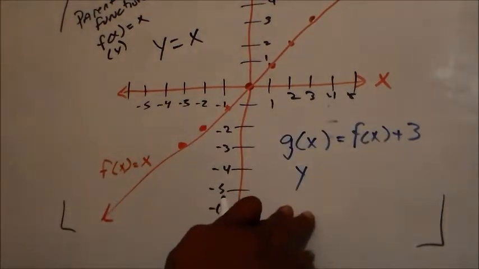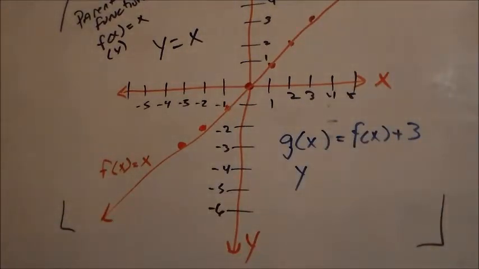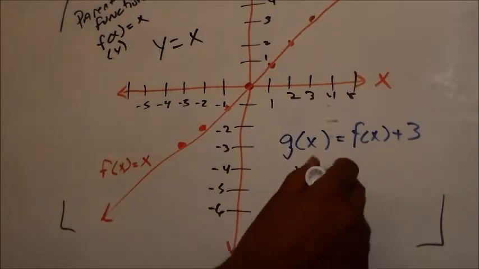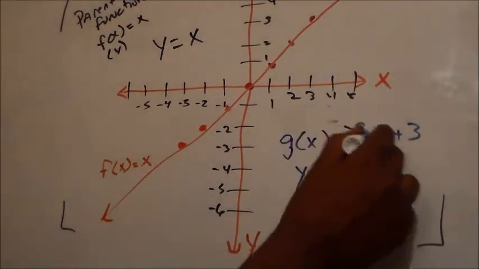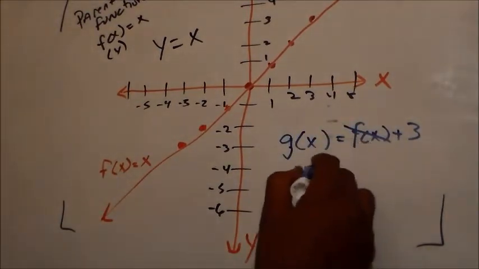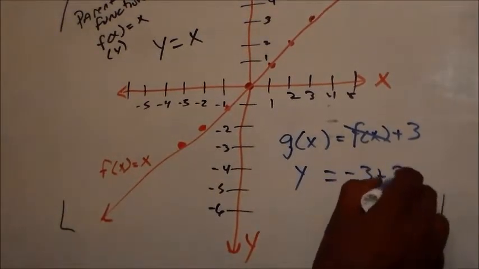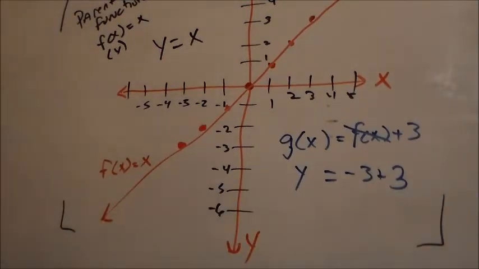So g of x is the function f of x plus 3. We're going to think of this as a y, and we're going to plug in negative 3. So y equals negative 3 plus 3, and that makes y equal 0.